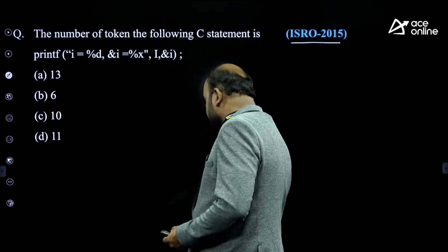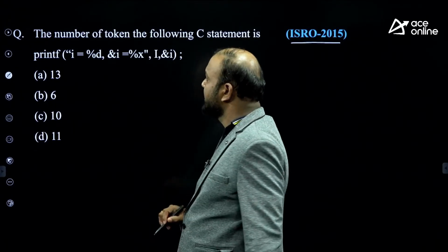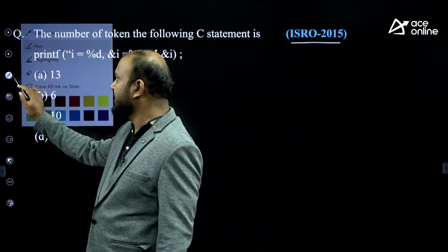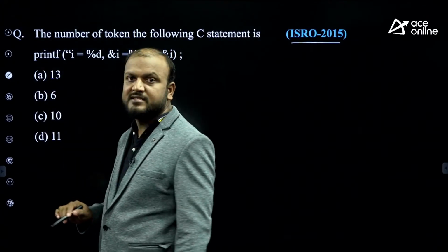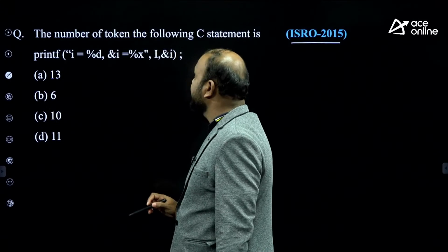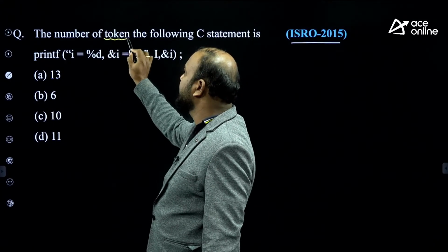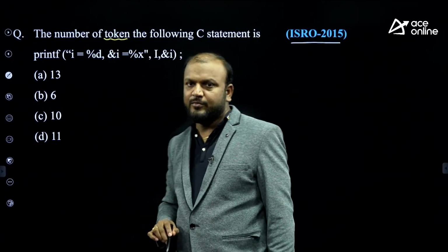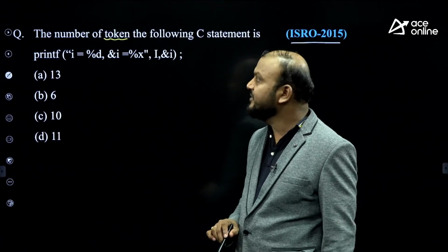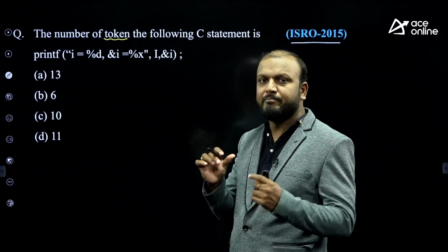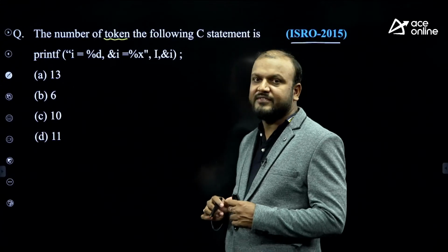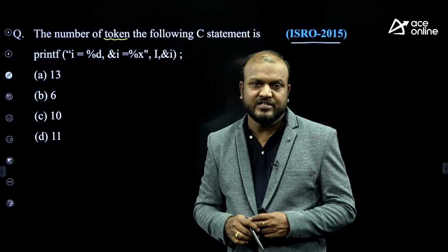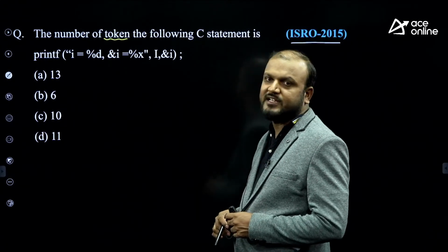Fine. So the question is the number of tokens. Actually, what is a token in a C program? A token is a logical unit of a program, a sequence of characters forming a particular meaning, like identifiers, keywords, constants, special characters and so on.